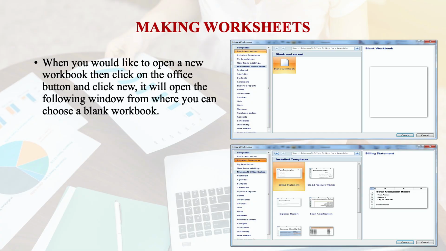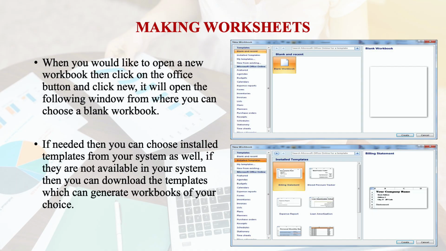Now the important thing is how to work with the worksheet. So when you open a workbook, you click on the office button and click new, and it will open a window where you can select a blank workbook, or you may go for the default installed templates from your system, and if they are not available, then you are supposed to download the templates from the respective site.